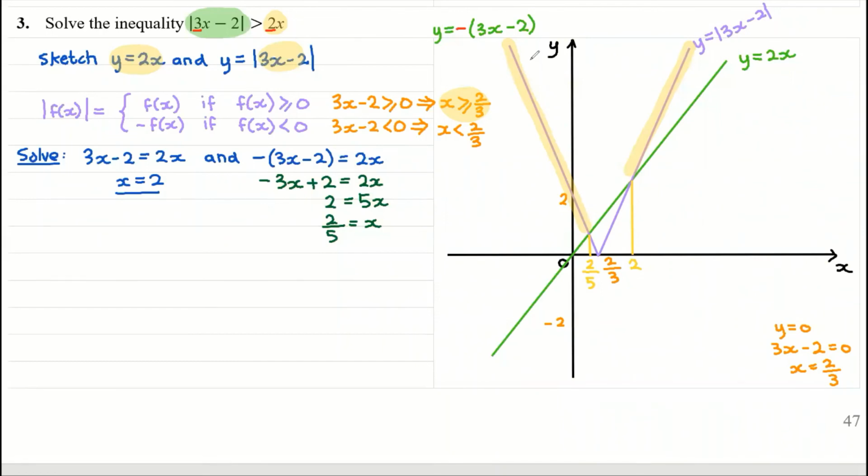So clearly, or I say clearly, I hope it's clear, the modulus of 3x subtract 2 is greater than 2x when x is strictly less than 2/5, okay, which corresponds to this part here, where the modulus line is above the green line for 2x, and when x is greater than 2.